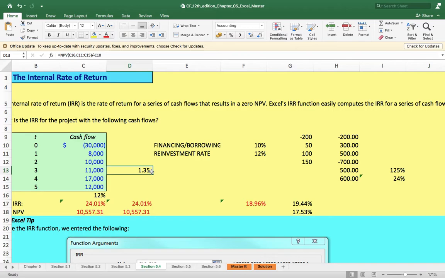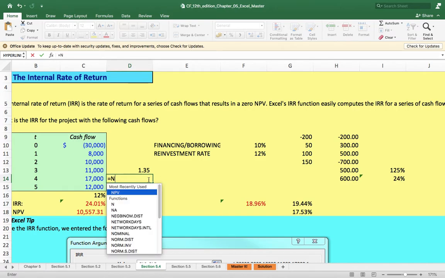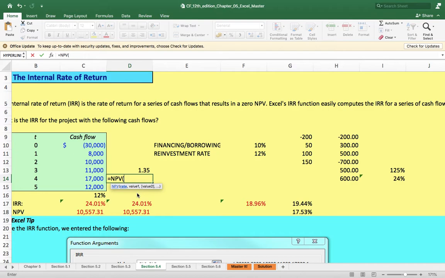Again, I'm just calculating here for you. What is the formula? The formula is equal to the present value of cash flows subsequent to the initial investment. Therefore, we will use the NPV without the initial investment. NPV, cost of capital 12%, then all the cash flows subsequent to the initial investment, from year 1 to year 5, bracket close.